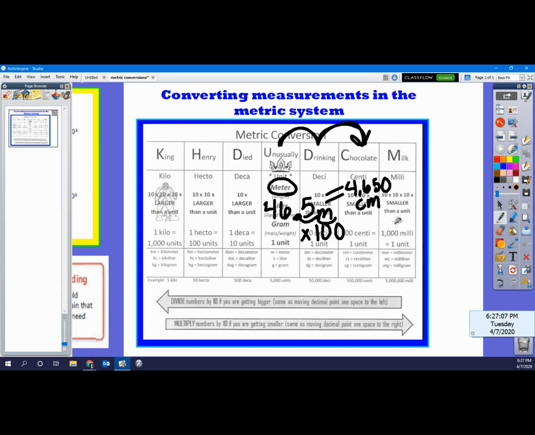Now just for fun, let's go the other way. How many kilometers is this? That's 1, 2, 3 jumps. So now because I'm moving to the left, here's my left arrow, I'm going to divide.